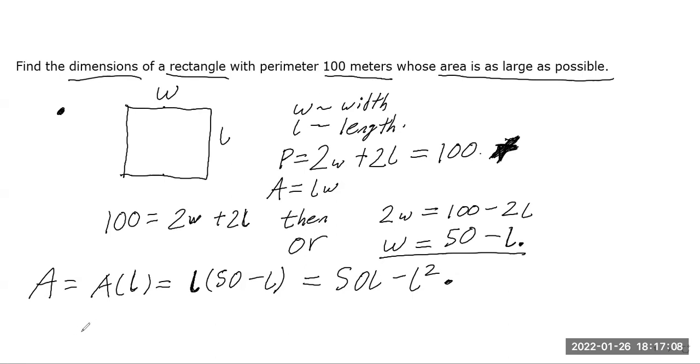Now we do the optimization process. And to do that, what's the first thing we've got to do? We've got to find our critical numbers. Luckily, I don't really have to worry about this function becoming non-existent as far as its derivative goes. Because when I differentiate, for the first term all I get back is that 50, just using our power rule.